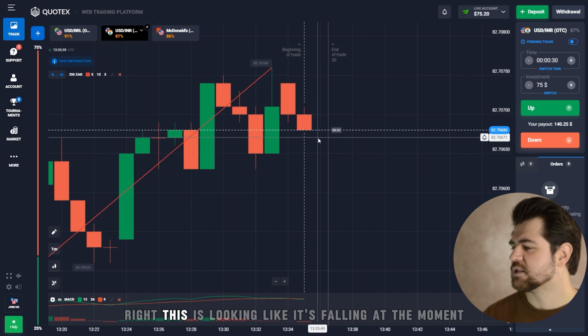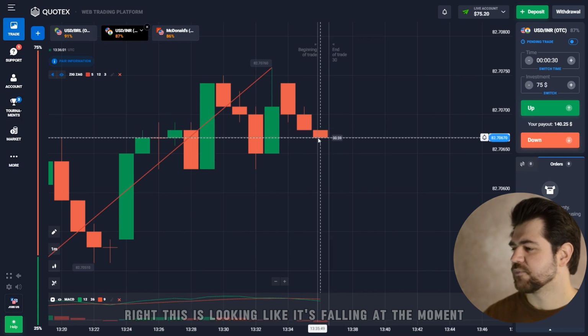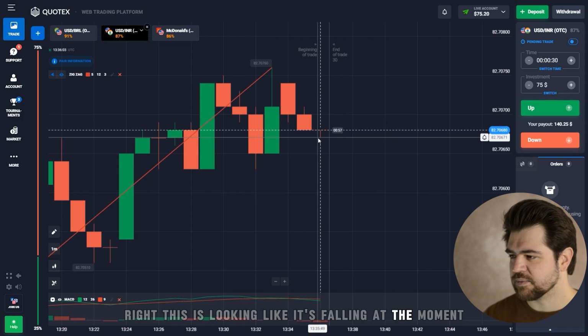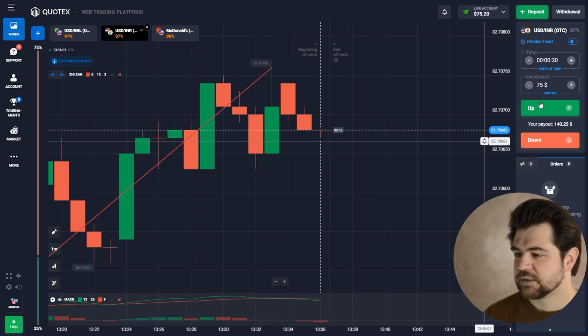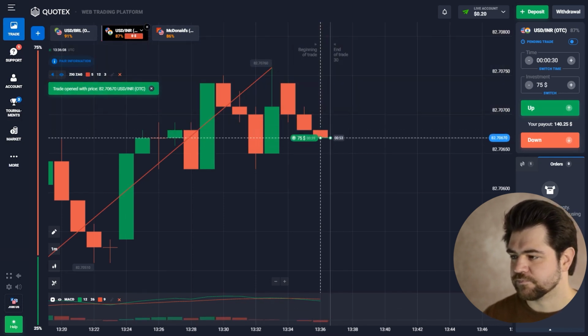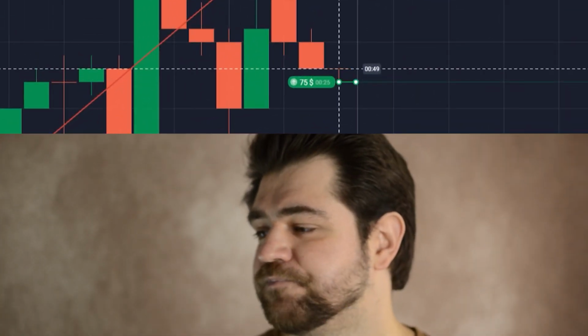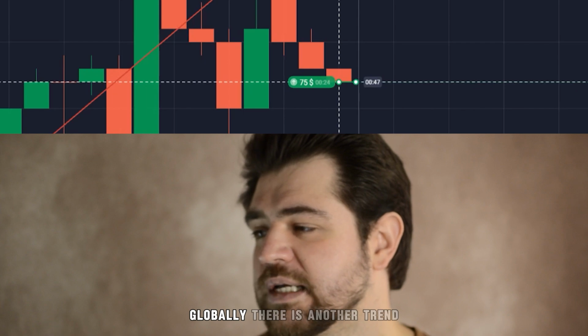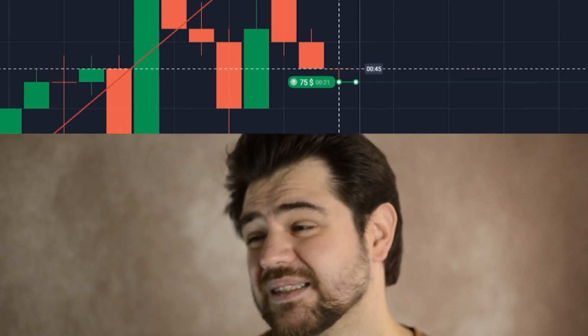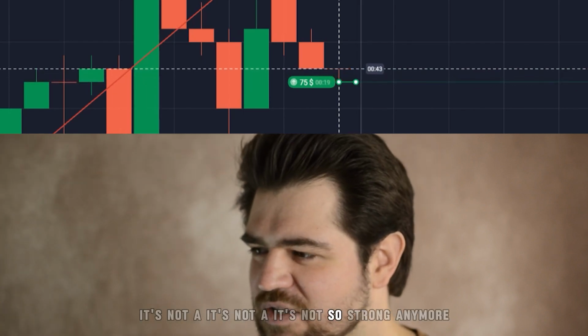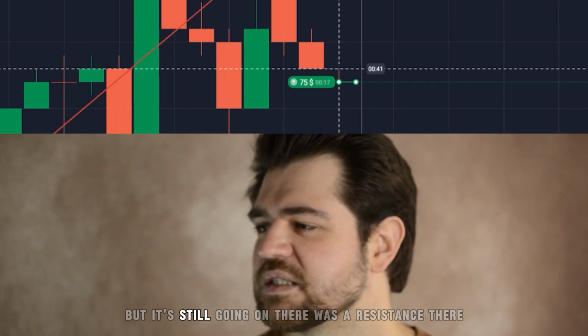Right, this is looking like it's falling at the moment. Right, so globally there is an upper trend. It's not so strong anymore, but it's still going on.